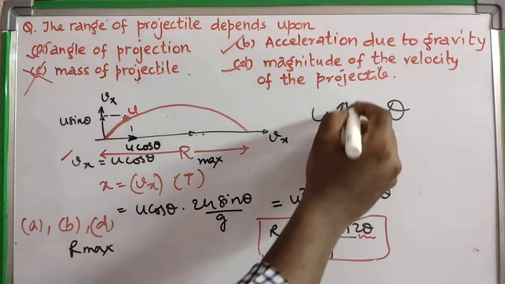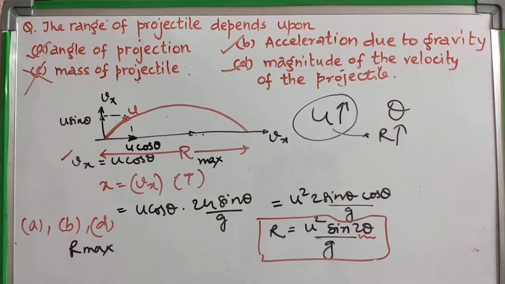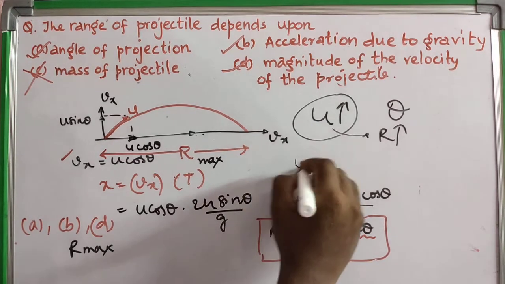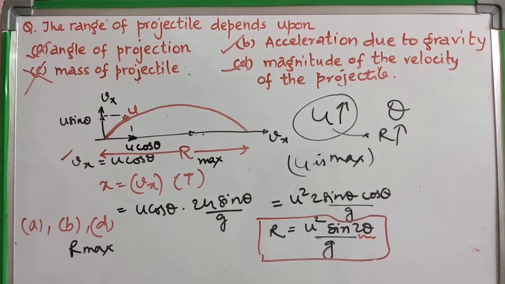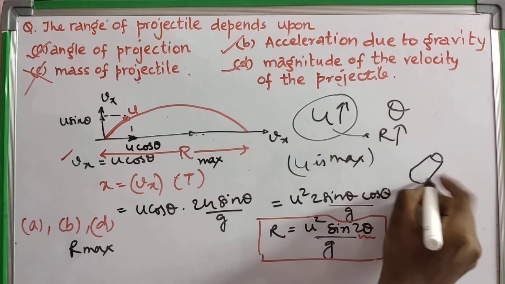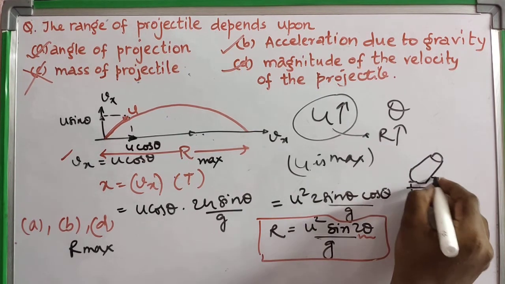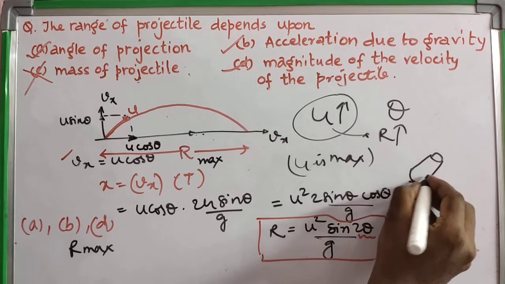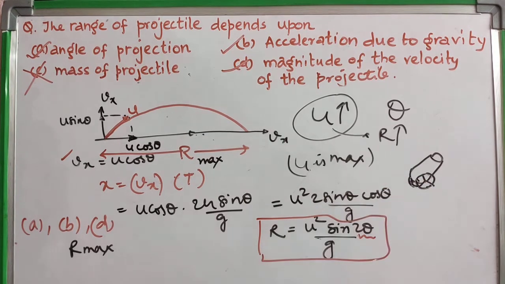The more the value of u, the more is the value of u square, hence the more is the value of range. So if u is fixed, I can give an example here. Suppose you have a cannonball. You have a cannon which rests upon two wheels.